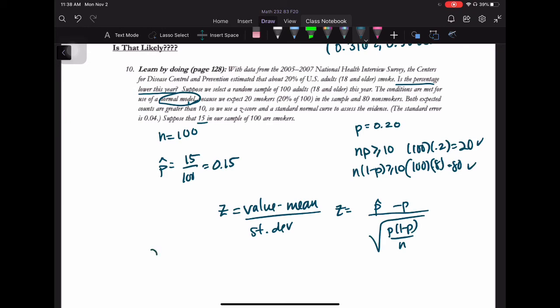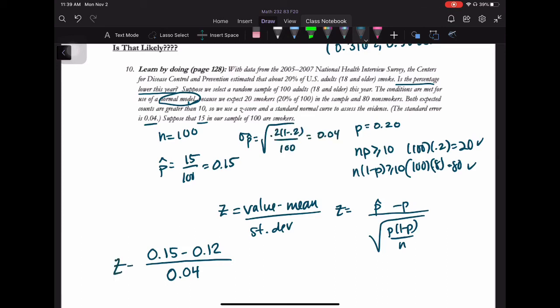We have the sample value of 0.15, the population value of 0.2, and then the standard error of 0.04, which is given to us right here, which we can actually calculate again by taking the square root of 0.2 times (1 minus 0.2) over 100. This gives us a z-value of negative 1.25.